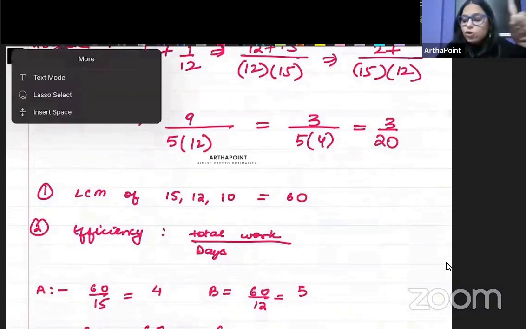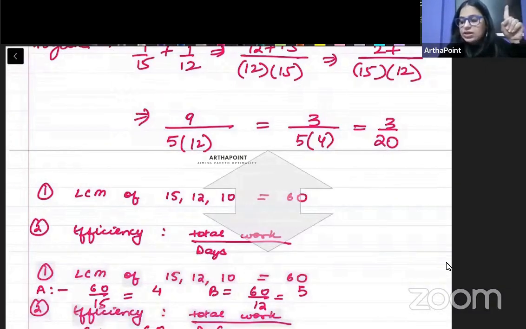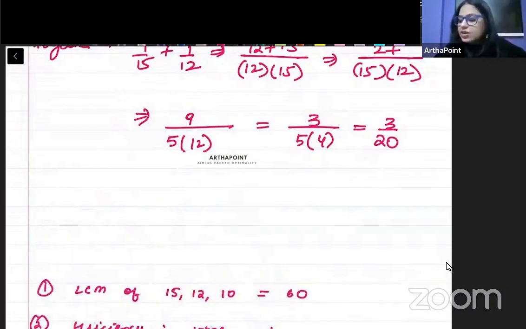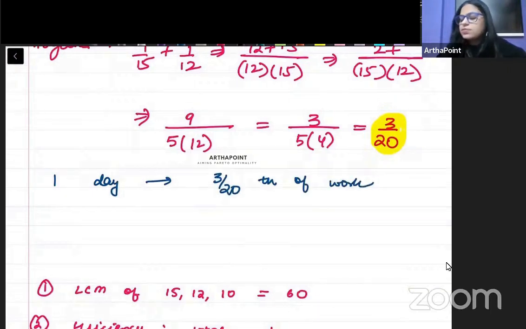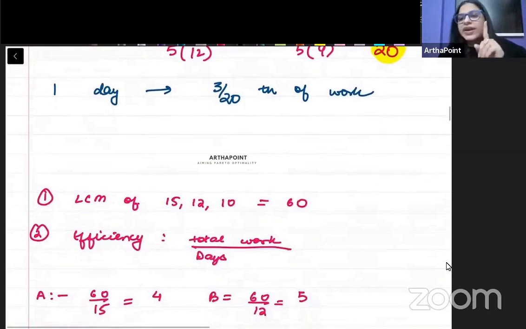In one day, if they work for a day, they can cover 3/20th of the task. So let me write this statement. In one day, they can do 3/20th of the work. Right, beta? 3/20th of the work is completed in one day.